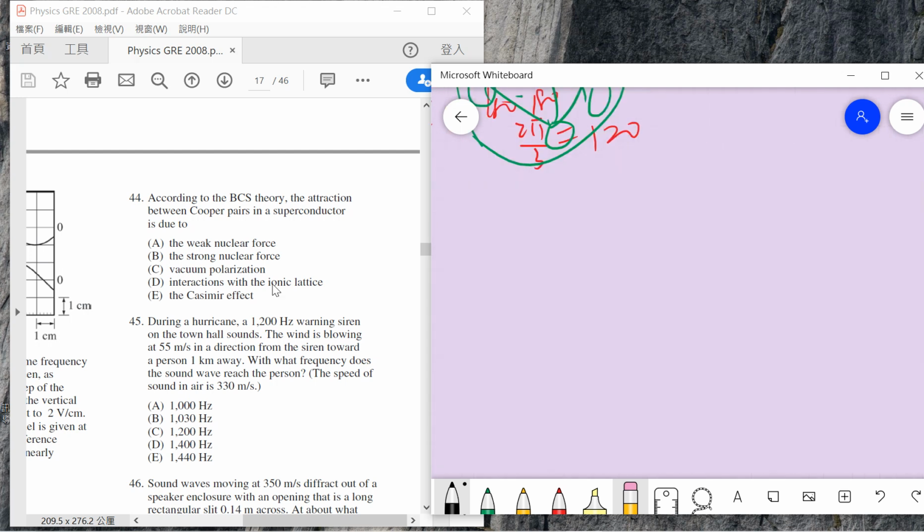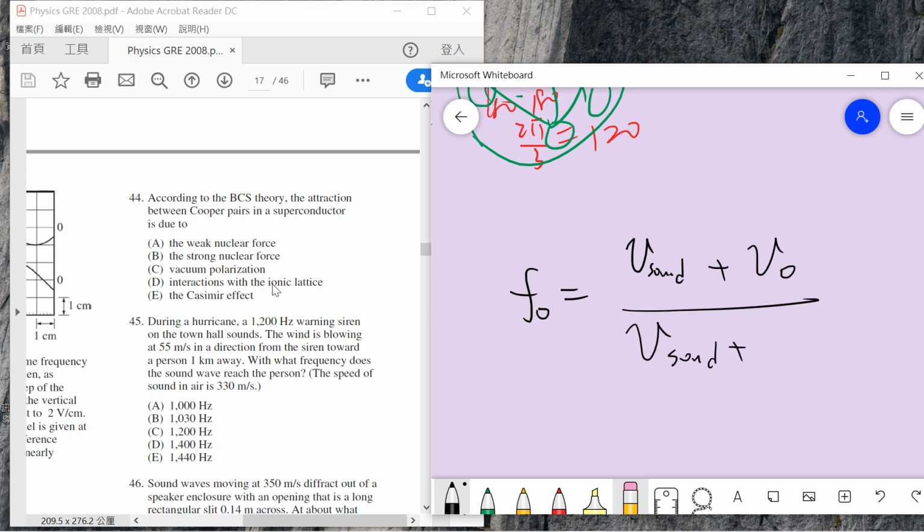Remember the Doppler effect formula: the speed of sound plus the speed of the observer over the speed of sound plus the speed of the source, times the frequency.